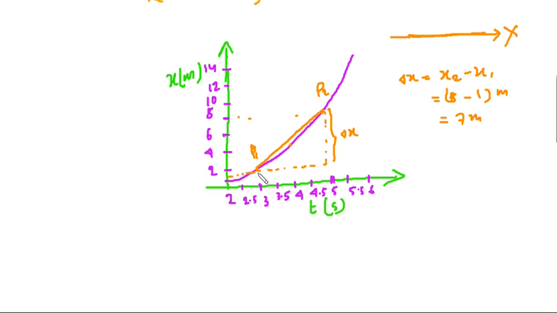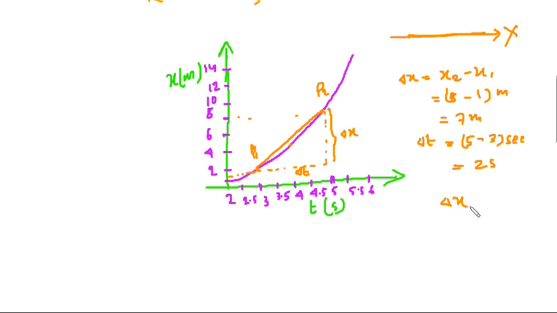And what is the time it has taken? If we call this delta t, then delta t is equal to 5 minus 3 second, so it is 2 second. So what is the average velocity in this time?